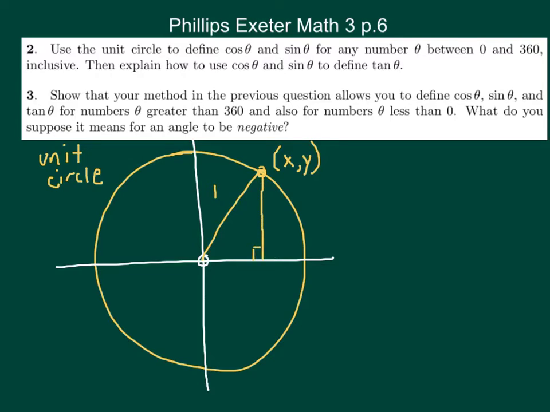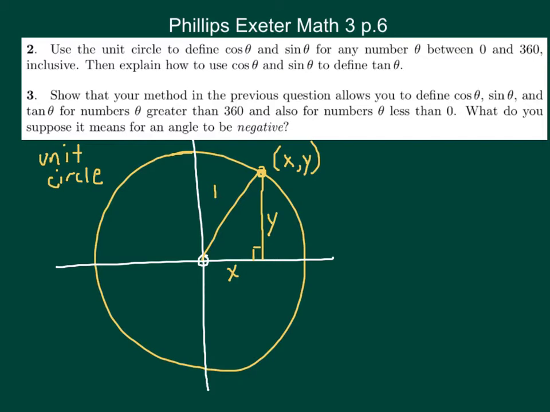So if I draw that, then what are the dimensions of that reference triangle now? What's this length right here? X. And what's the vertical length here? Y. So once you have that reference triangle, now we want to look at the definition of sine and cosine.